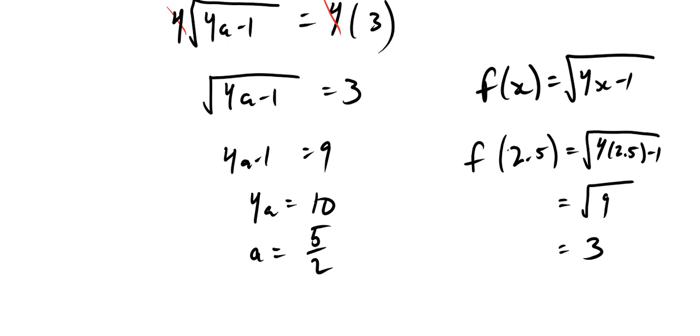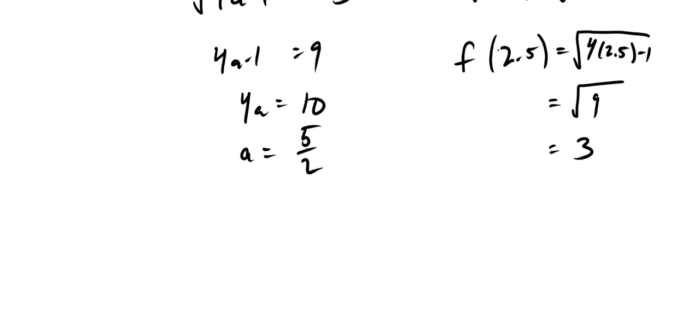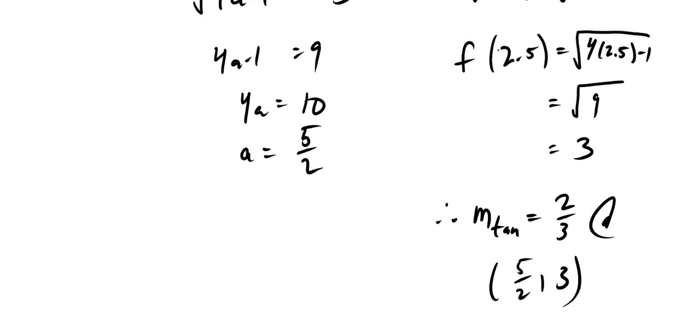Again, it's a square root function, so it's not plus or minus 3, it's just 3. Therefore, the slope of the tangent equals 2 over 3 at the point 5 halves and 3.